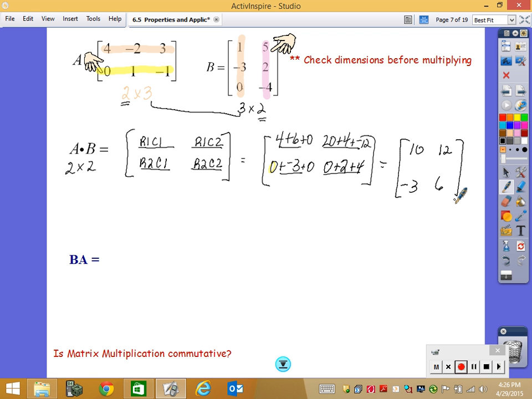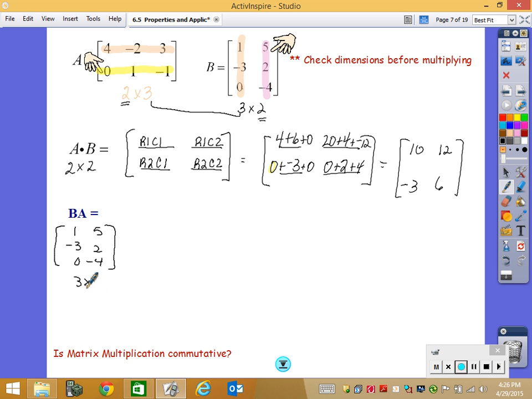Now let's try it the other way. Let's try matrix B times matrix A. I actually have to rewrite them so that they're in the right order. So matrix B: 1, 5, negative 3, 2, 0, negative 4.